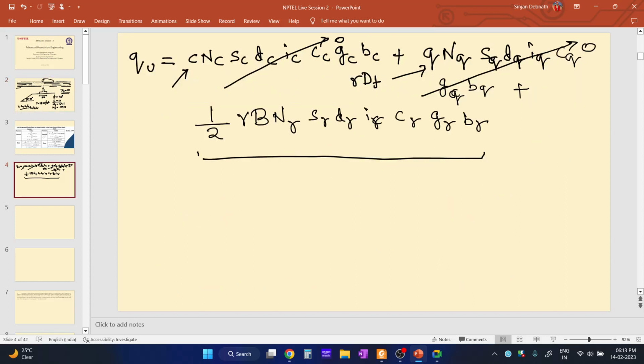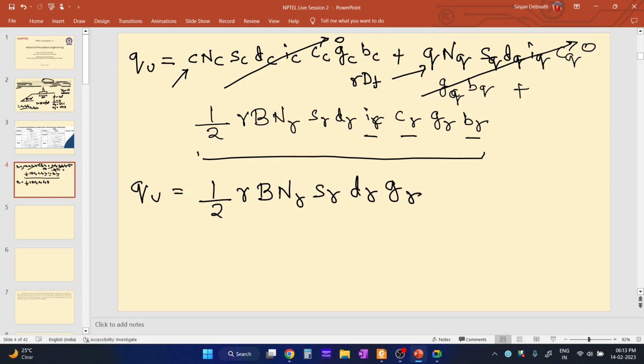So there will be no inclination factor, there will be no compressibility factor, and the base is also not tilted. So there will be no base correction factor. Okay. So Qu is equal to half into gamma B N gamma S gamma D gamma and G gamma.